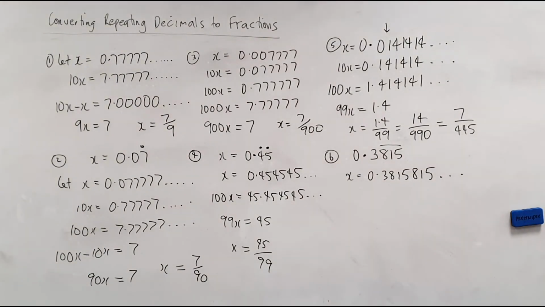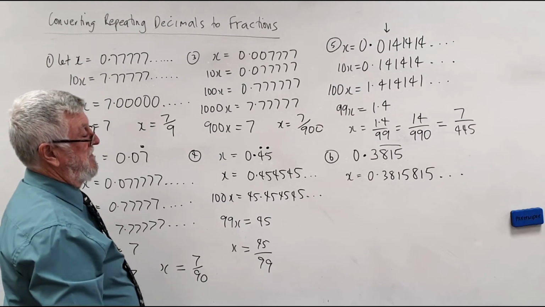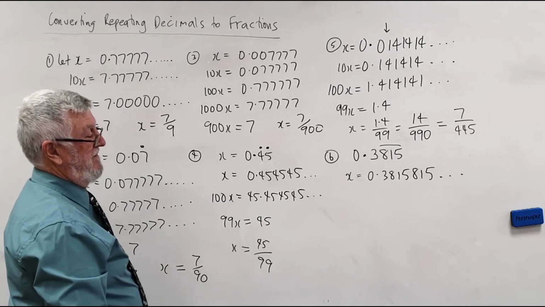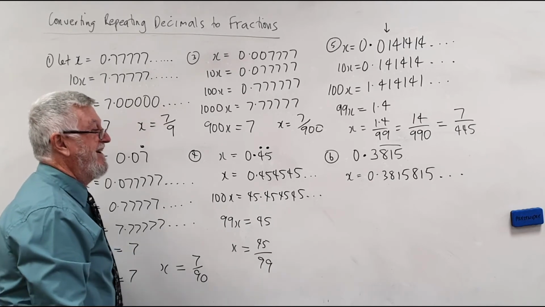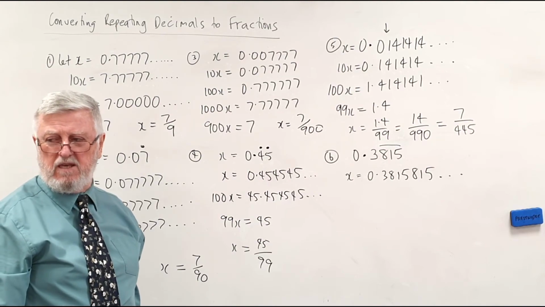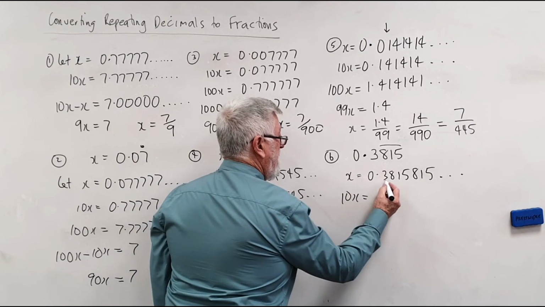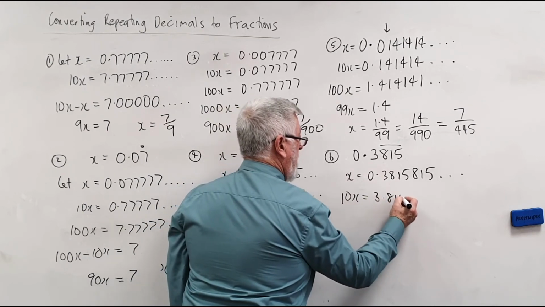I'm inclined to go for 1000x and 10x. Is it 1,000 or is it 10,000? 10,000. So 10x is 3.815.